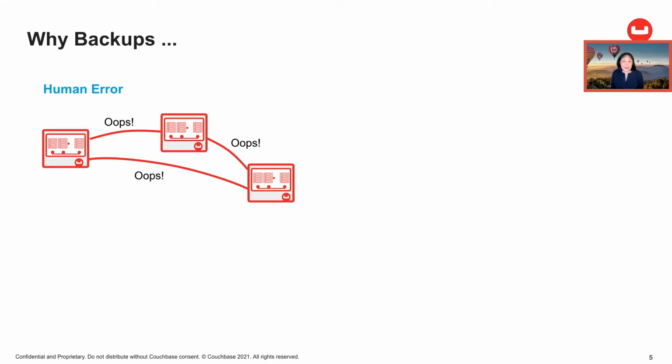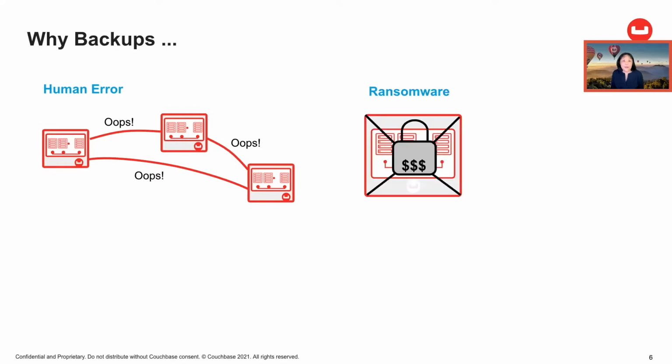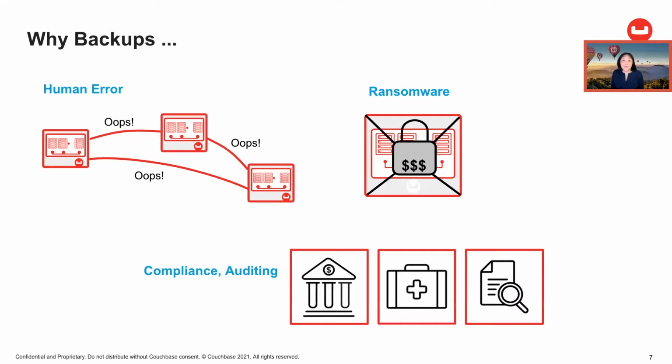Same goes for data corruption. In such cases, high availability will not prevent data loss. Besides human error, you also need to be concerned about ransomware and meeting compliance and auditing requirements. For example, if you need to keep data beyond its operational use time, then backups are a good way to do that.